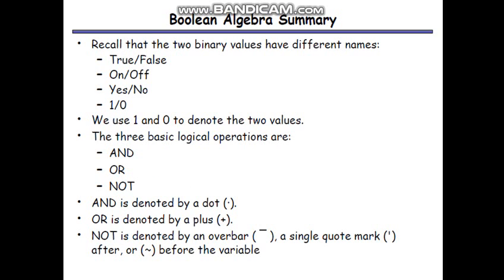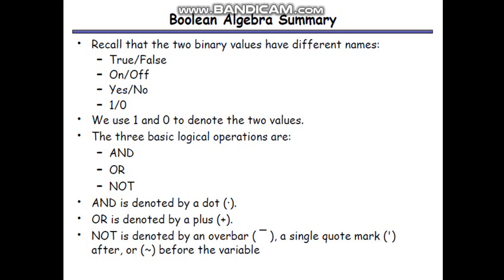Boolean algebra summary. Recall that the two binary values have different names: true, false, on, off, yes, no, 1, 0. We use 1 and 0 to denote the two values. The three basic logic operations are AND, OR, and NOT.